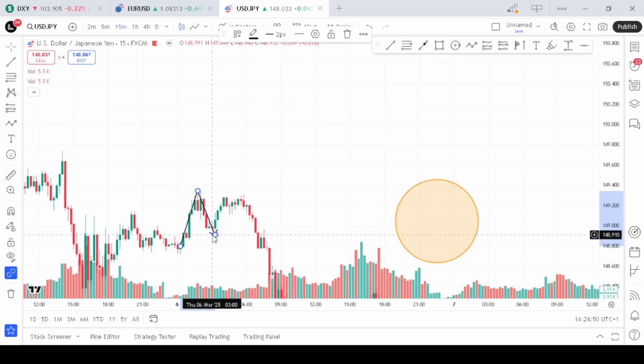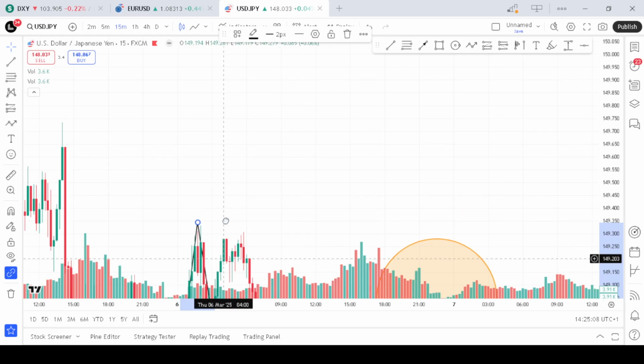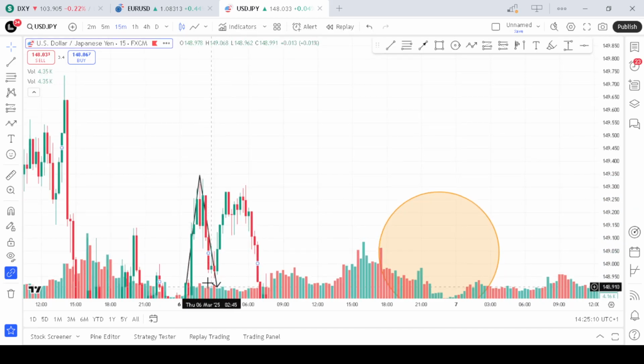This is the V shape that we are looking at. Imagine a chart where you see a swift drop in price forming a sharp V shape. This part of this pattern often occurs with high trading volume, and if you can see the volume, we can see that there was an increase in the volume at around this area where the formation was forming.